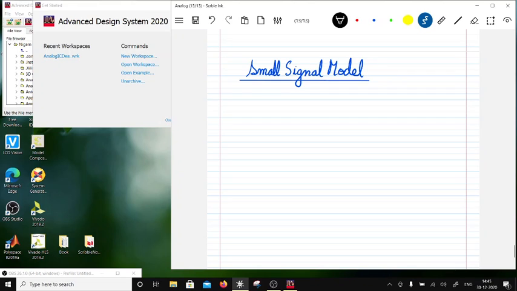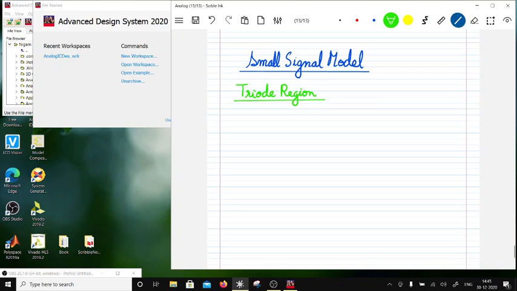One is the triode region. In this region, output resistance is going to be small, right? And we can say it is more or less linear, right?